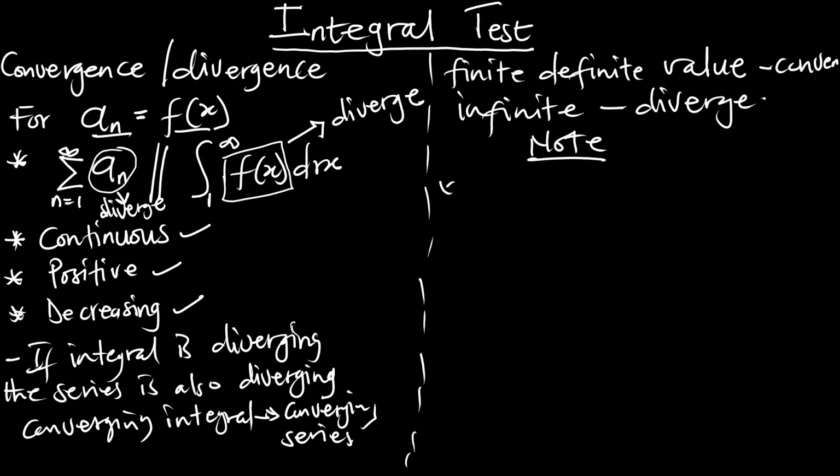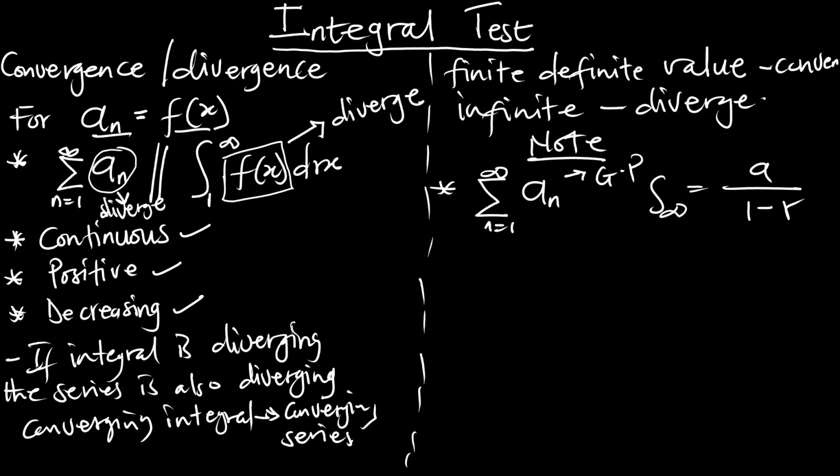For example, I am summing a series from 1 to infinity of a function a of n. Assuming this series is a GP, the sum to infinity is given by a over 1 minus r. This formula gives you the total sum from 1 to infinity.